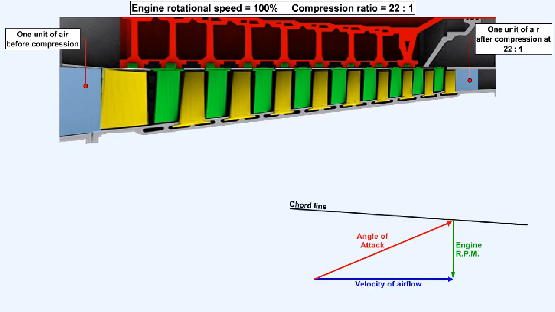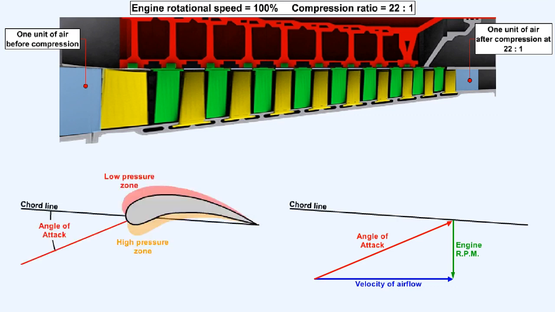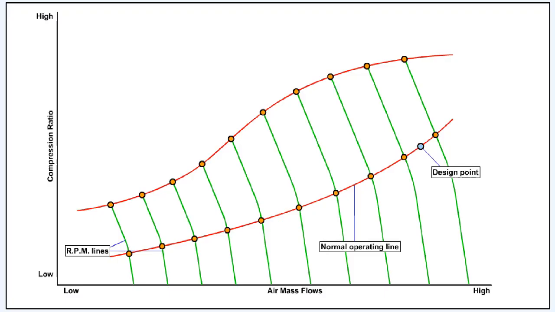The vectorial relationship between the engine RPM and the airflow axial velocity will give this angle of attack over the rotor blade, and these pressure zones, which are the optimum that would occur at the design point. The design point is that point in the engine's performance criteria where it's operating at its optimum compression ratio, RPM, and air mass flow.